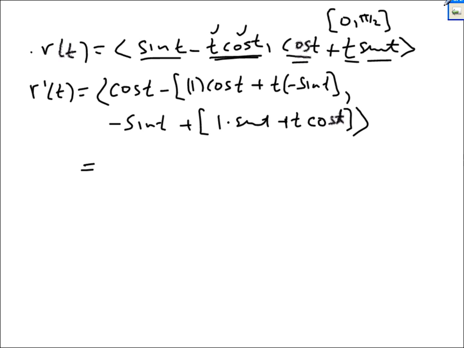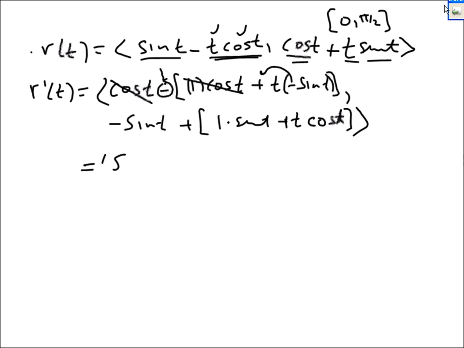Okay. So we have cosine of t, and we are going to take away 1 times cosine of t, which is cosine of t. So that difference is 0. Cosine t minus cosine t is 0. Remember, this is really minus t sine t. Minus t sine t. So we have to take that away.